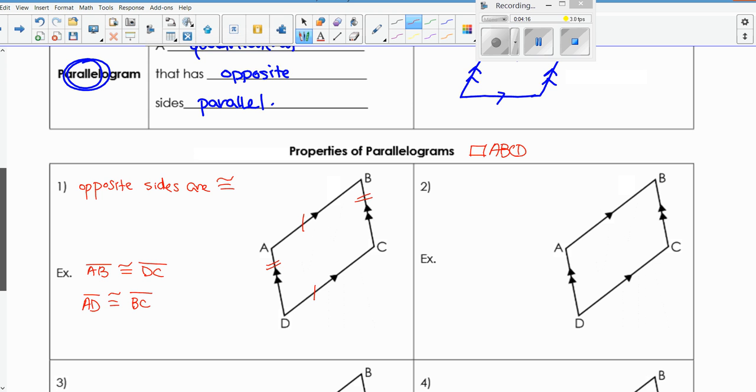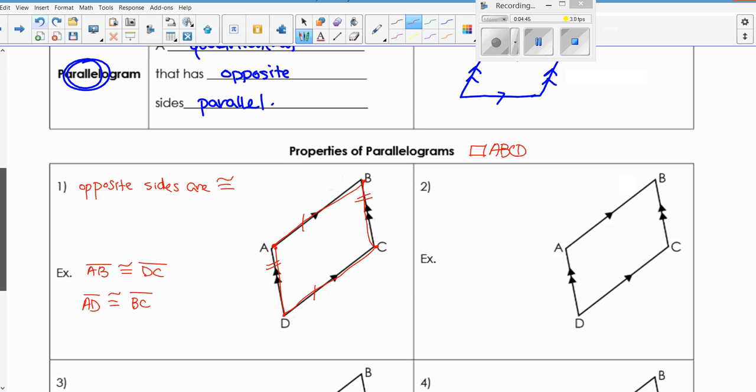And remember, anytime that we call something a figure, we must always go from point to point to point to point, and then back up. So we can never call this figure ACDB, or something like that, because we can't go across my figure. As soon as I name one point, I have to go either clockwise around the figure or counterclockwise around the figure. Okay?